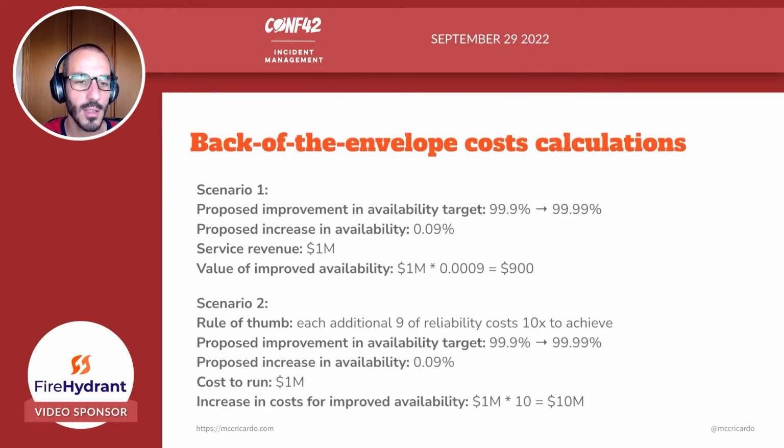That means that by adding a new 9, it's going to cost me around $10 million. These are, of course, back of the envelope calculations, but it's important to do this type of calculation to have an idea, if I want to increase my reliability, how much it will cost me and the amount of value that it can maybe get me.